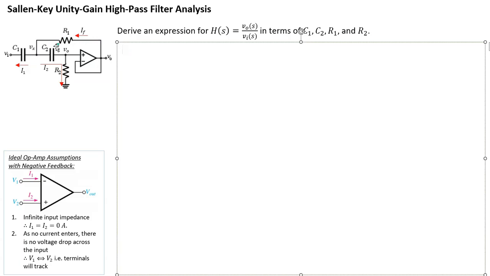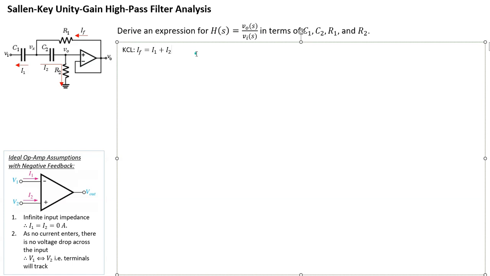One of the obvious ones is about IF, I1, and I2. This is just KCL. For KCL, I can write IF is equal to I1 plus I2. That's our first equation, a KCL equation.